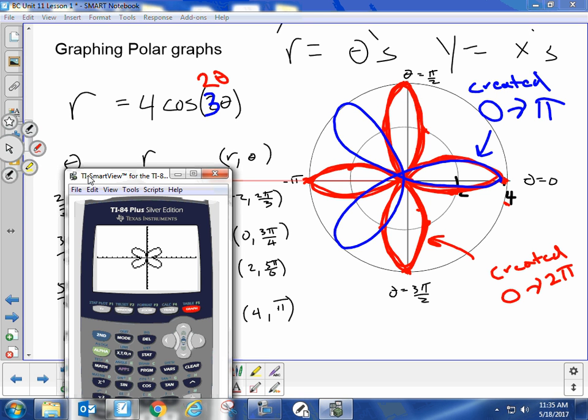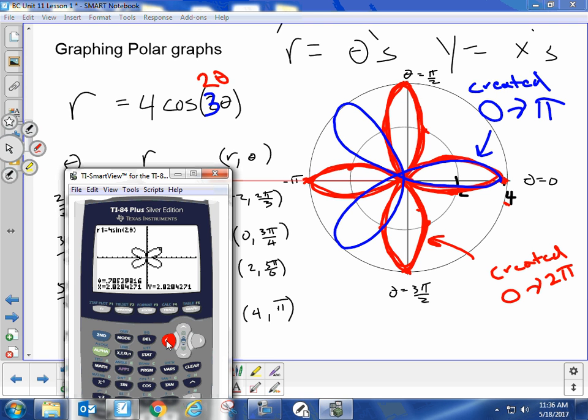Because cosine of 0 is 1, but the sine of 0 is 0. So watch when I press trace. I'm not going to start at this point 0, 4. I start at essentially 0, 0, but you think of it not as 0, 0. You think of it as an angle 0 giving you a radius of 0. And then as you increase the angle, here are my positive radii. When I end up here, it looks like I'm the furthest away. So that must be when sine is at its maximum value.